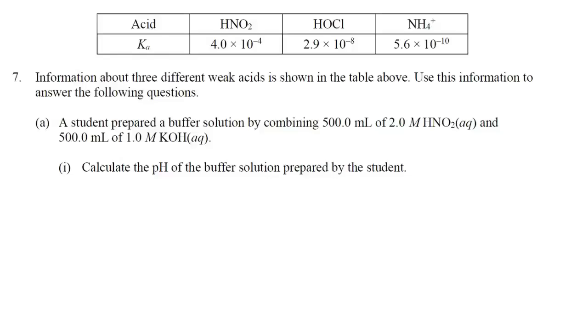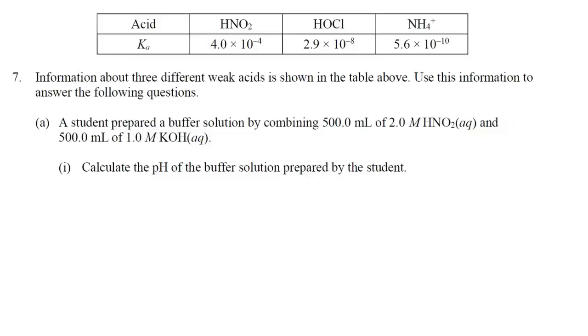So in the table, we are given the chemical formulas of 3 different weak acids, and they are, from left to right, HNO2, which is known as nitrous acid, HOCl, which is known as hypochlorous acid, and NH4+, which is known as the ammonium ion.